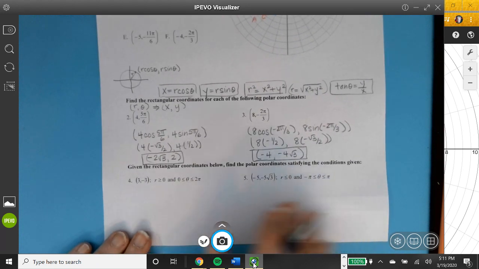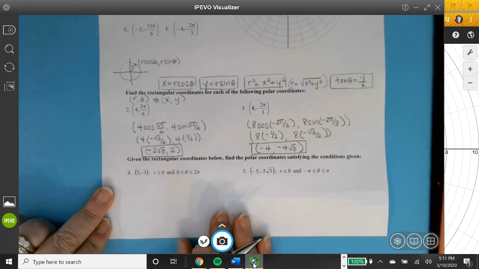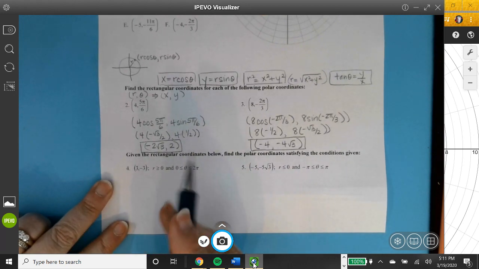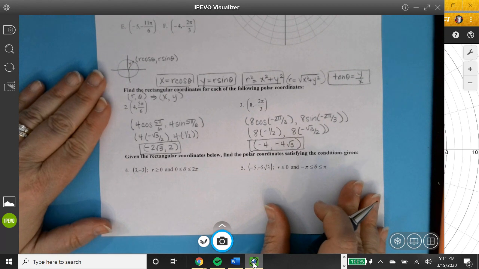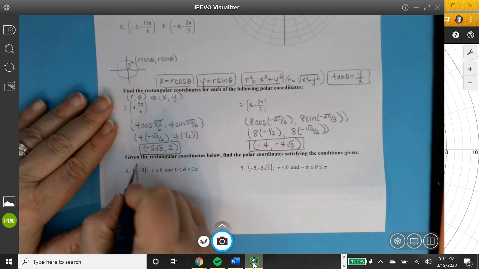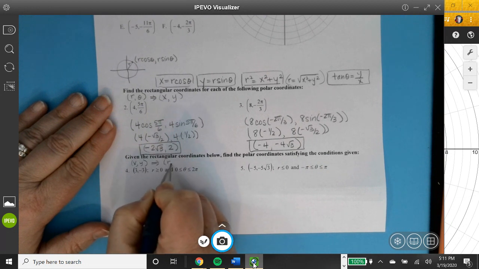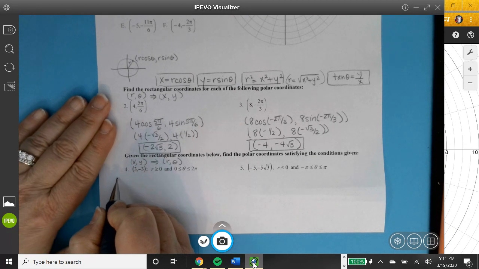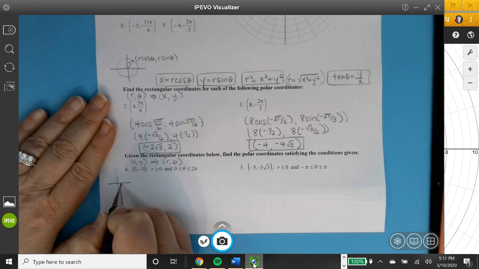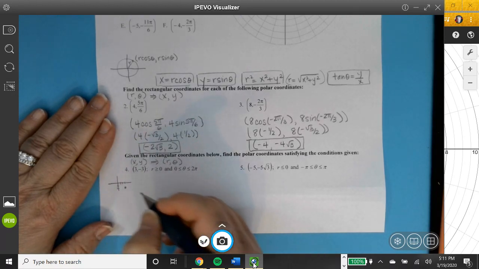All right, so next one we're going to do is we were given the rectangular coordinates, and we're going to go backwards and find the polar coordinates. This is a little bit more challenging, but not difficult, okay? So this is x, y, and we need to go to r, theta. Oftentimes I like to draw the point so I kind of have an idea in my brain where things are. So this is negative 3, which puts me in quadrant 4.